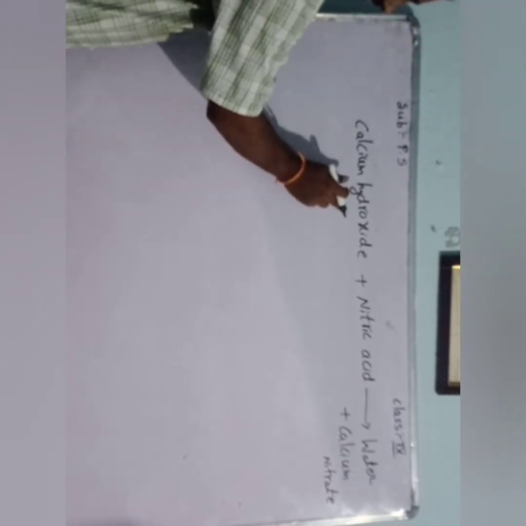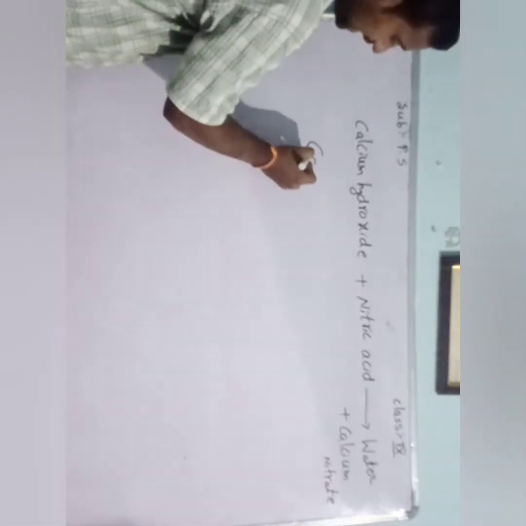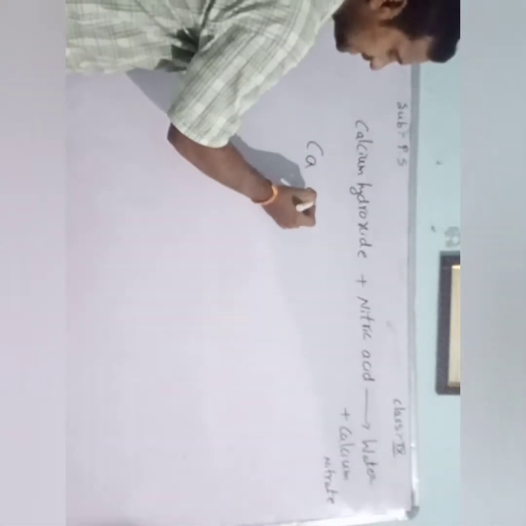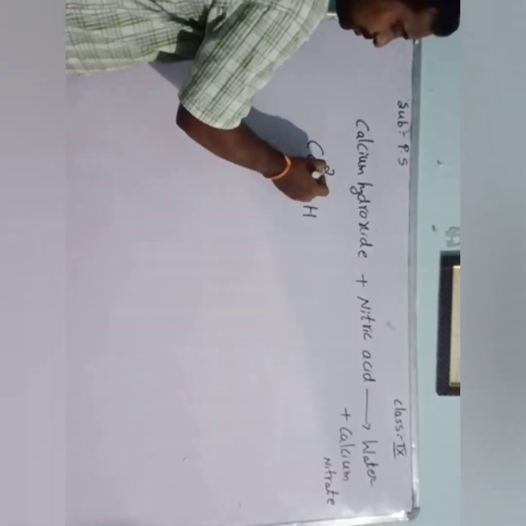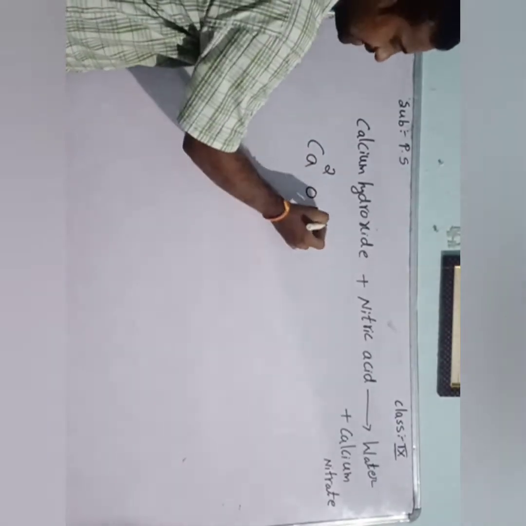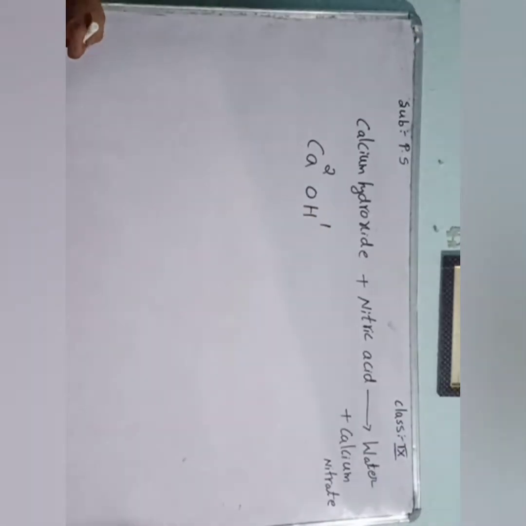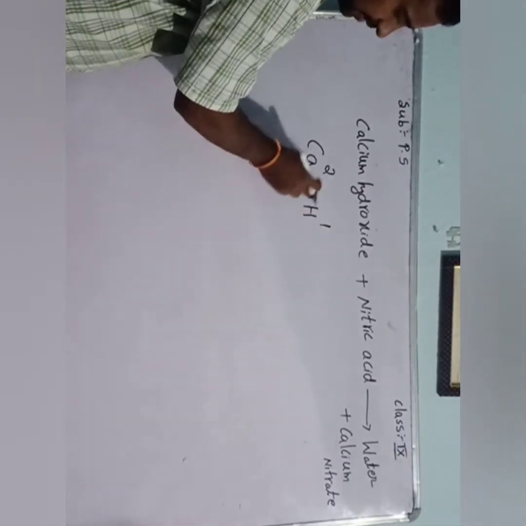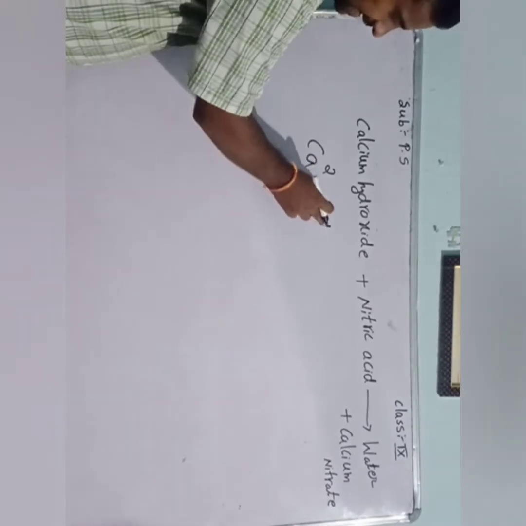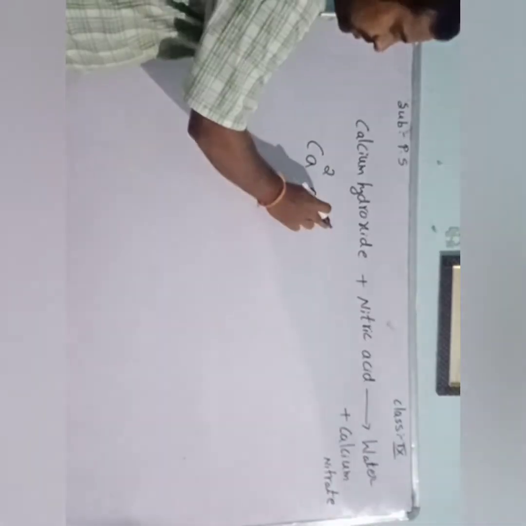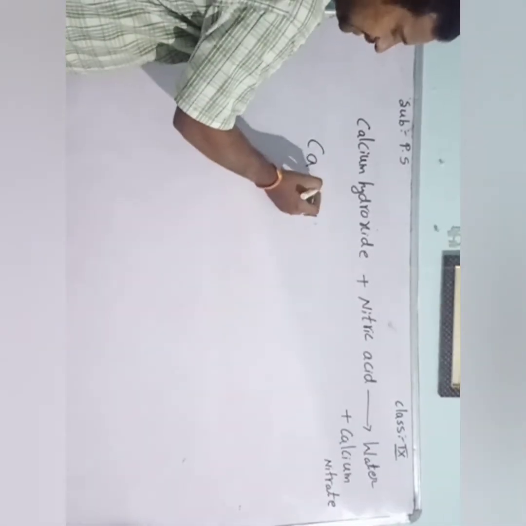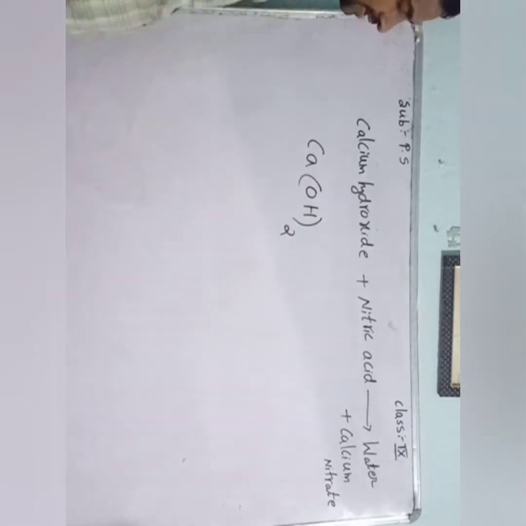Calcium is Ca and OH indicates hydroxide. Calcium valency is 2 and hydroxide valency is 1. Now interchanging of the valency: Ca1 OH2. So the calcium hydroxide formula is Ca(OH)2.